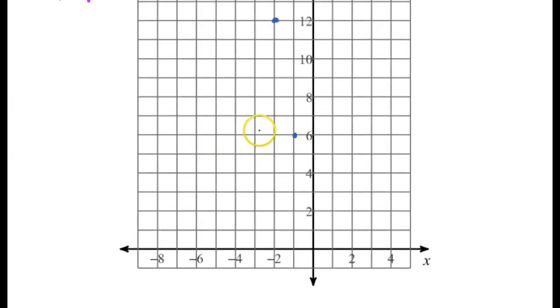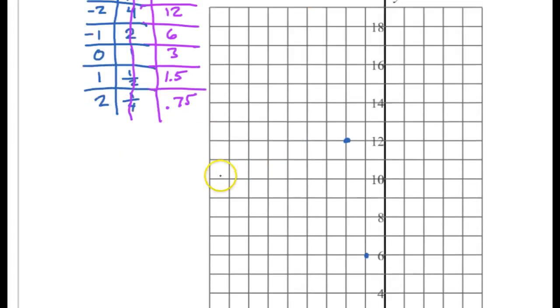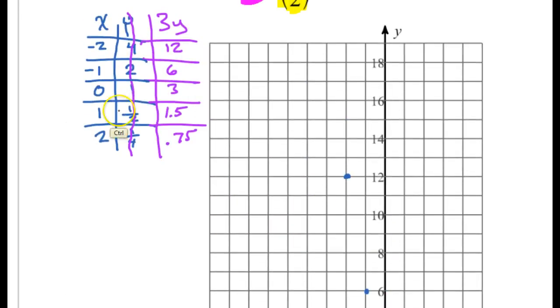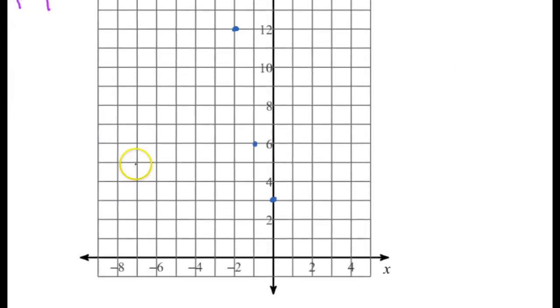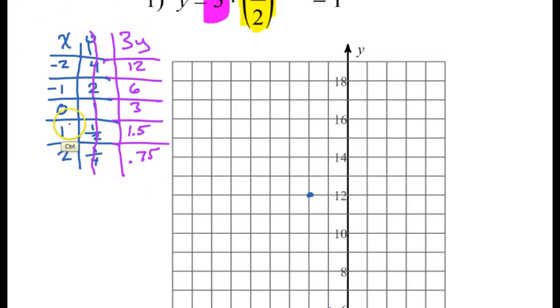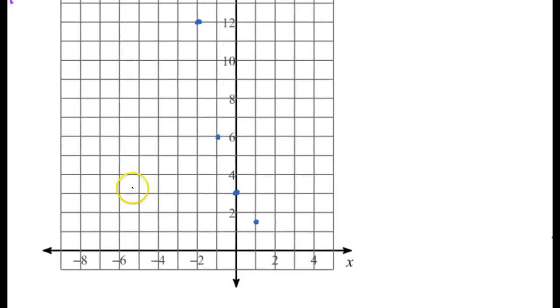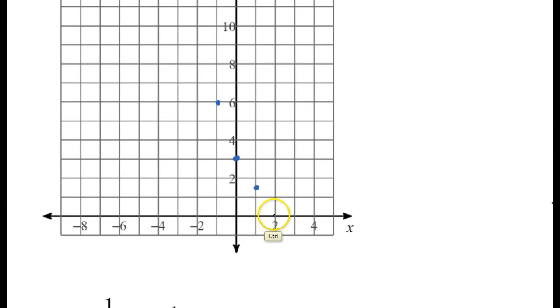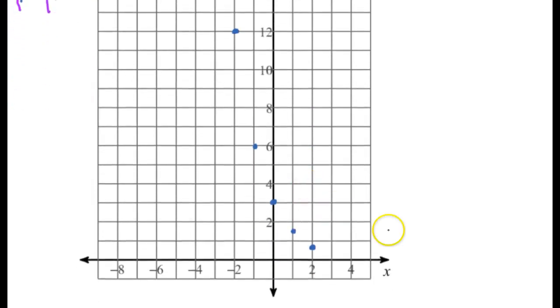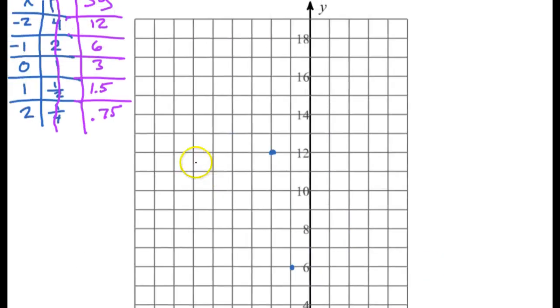So that's going to be right here. 0, 3 is going to be right here. 1, 1.5 is going to be right here. And then 2, 0.75 is going to be right here. Okay, now I will not connect these dots because this is not the final answer.